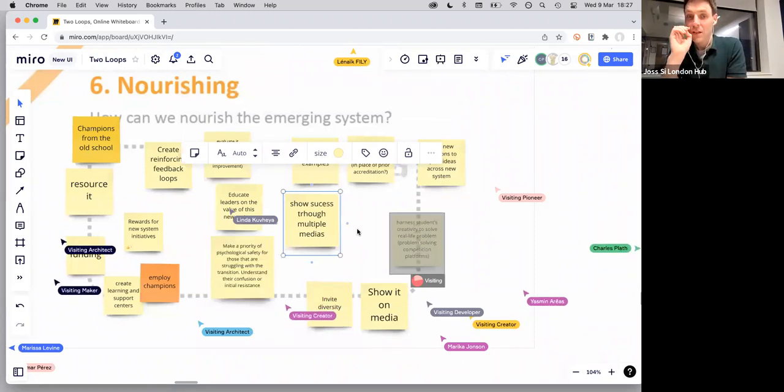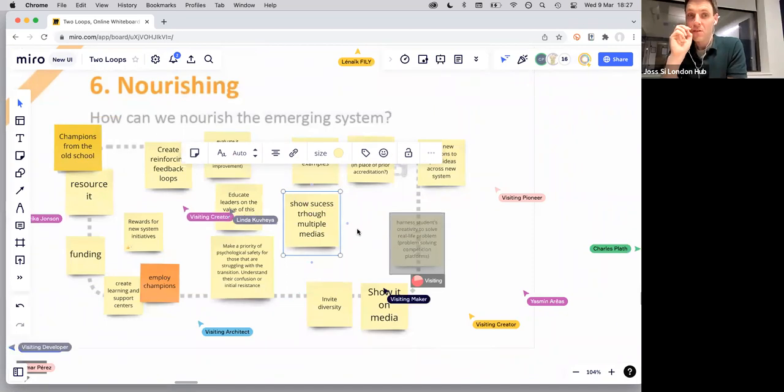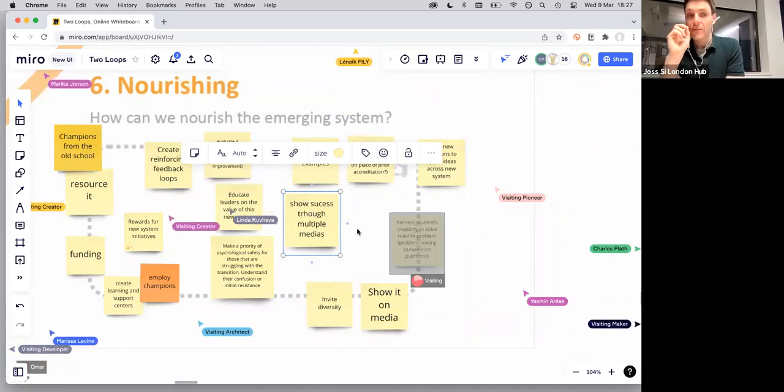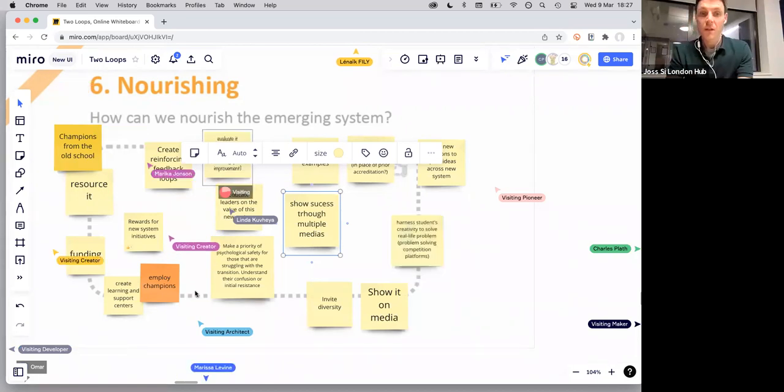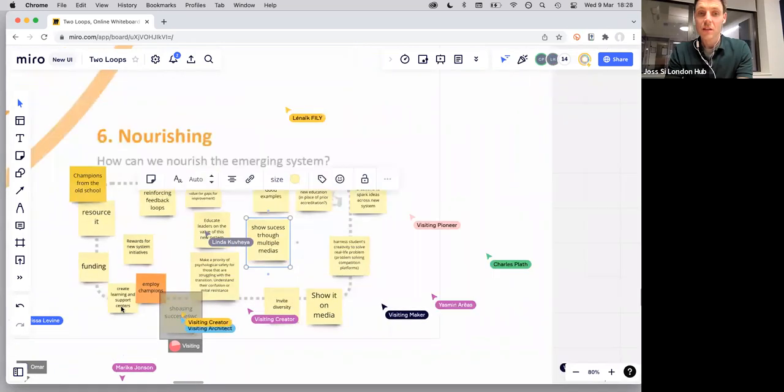Invite diversity, employ champions, reward new system initiatives, create reinforcing feedback loops. Yep, funding, create learning and support centers. Okay, showing what success looks like.